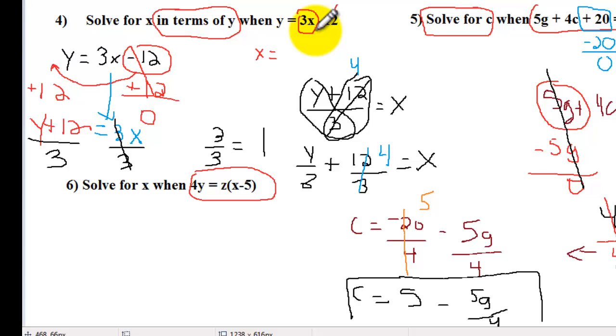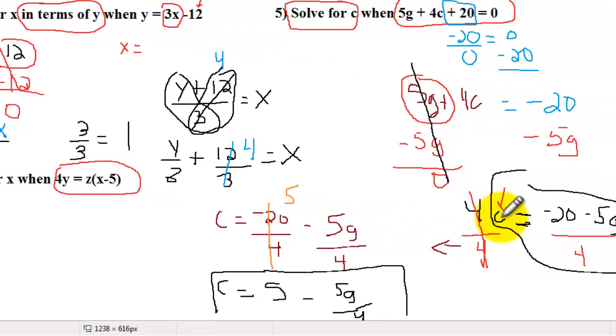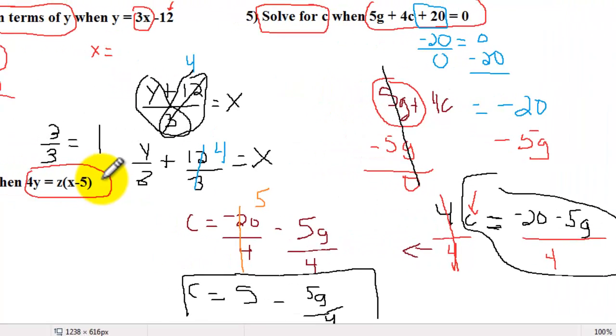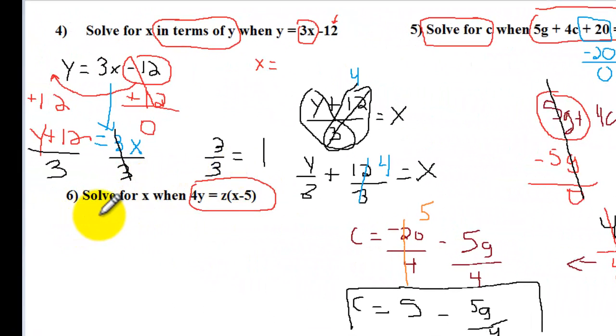That's how we rearranged this equation. Here we ended up with c equals minus 20 minus 5g over 4, which then reduced to here. This one we have to solve for x, so we will end up with an x equals. So we have to begin to rearrange.